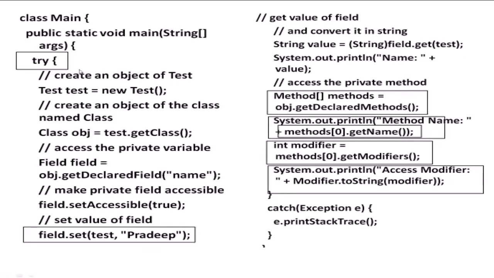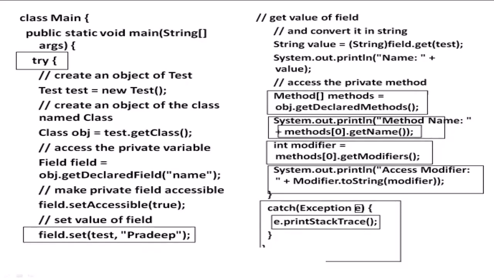If any exception is there, it should be caught. For that purpose we are using a catch block. If any errors are there, e.printStackTrace. If there is only a single error, no problem. If there are a number of errors, line 24 error, line 23 error, or some other errors, e.printStackTrace is going to handle them.